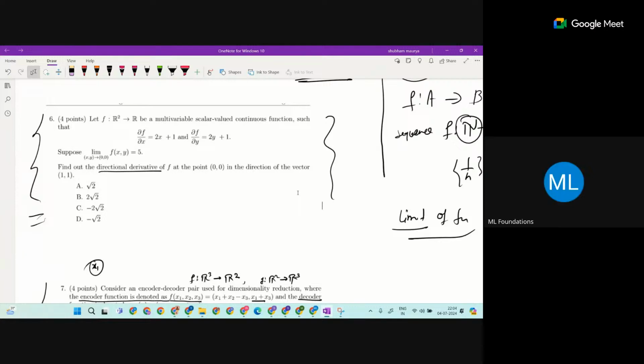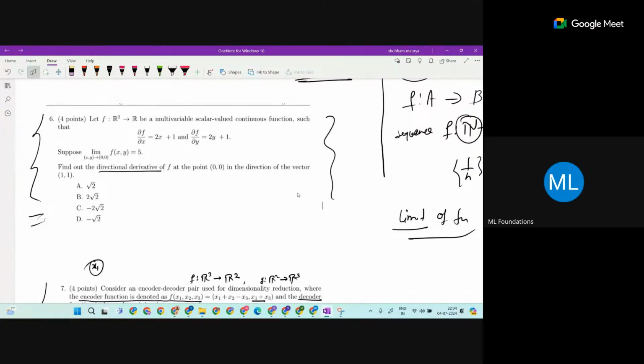So actually here two concepts are used. Maybe many of you just used the 5, but two concepts are used here. Can anybody tell what the first concept is? Then we'll move on to the directional derivative. What is the use of continuity of this multivariable function?